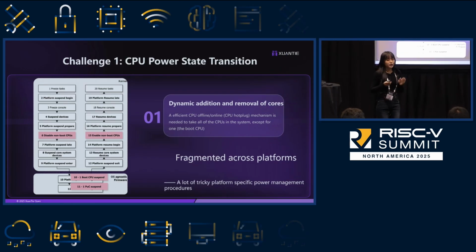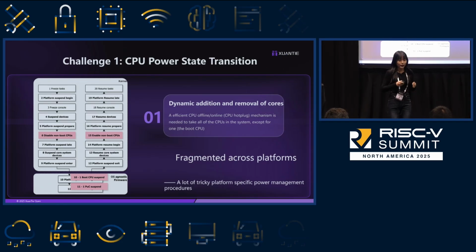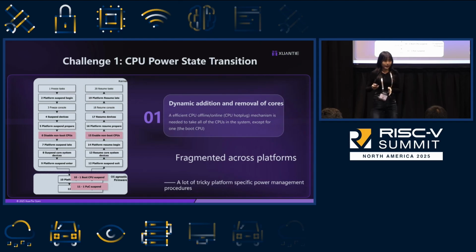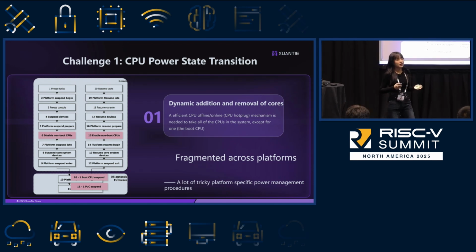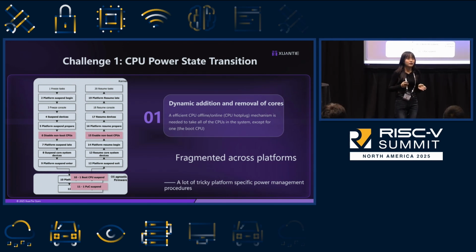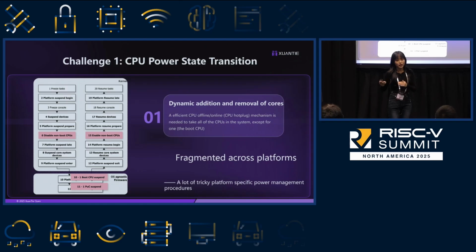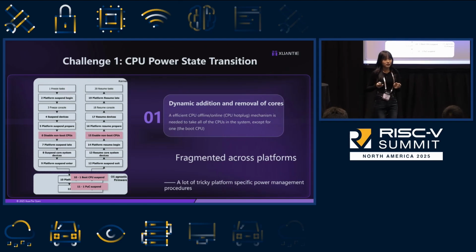During system standby and system resume, the non-boot core needs to be hot unplugged and hot plugged in. For the software firmware, I have to say it's already complicated and standardized. But for the hardware, it's hard to do, because XuanTie, as a CPU IP provider, finds it hard to make our customers do these things in a standardized way.